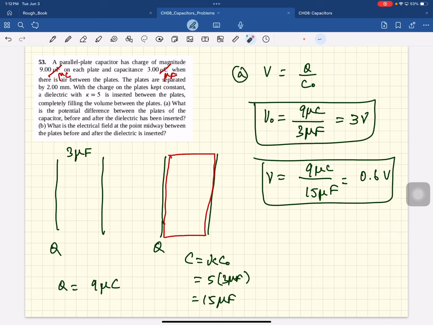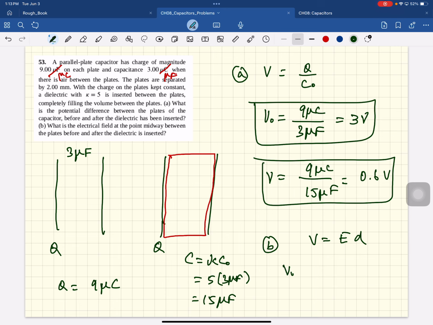That's because the voltage was E times D. Remember, the voltage was E times D. And with the dielectric present, E decreased. D is the same. So E decreased, so the voltage decreased. And that's what we're going to calculate. What is the electric field between the plates before and after?